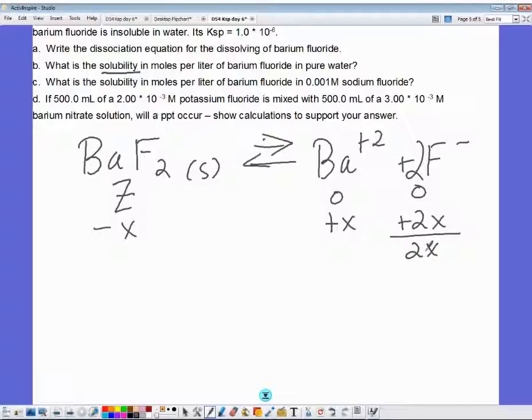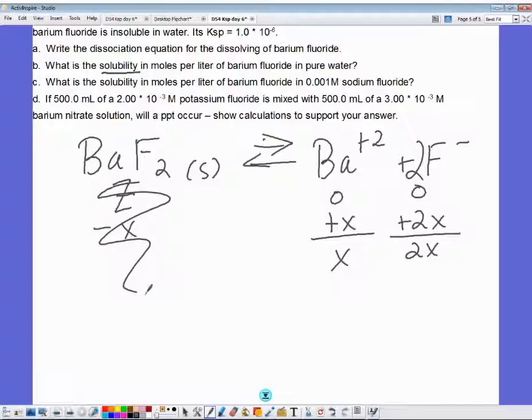So I don't want the zeros. I don't want the Z. I want to know what the ion values are at equilibrium. And really, some people will tell you, just ignore that side. Don't worry about that side. I don't like doing that because it is part of the stoichiometry, but you really don't have to worry about the BaF2.